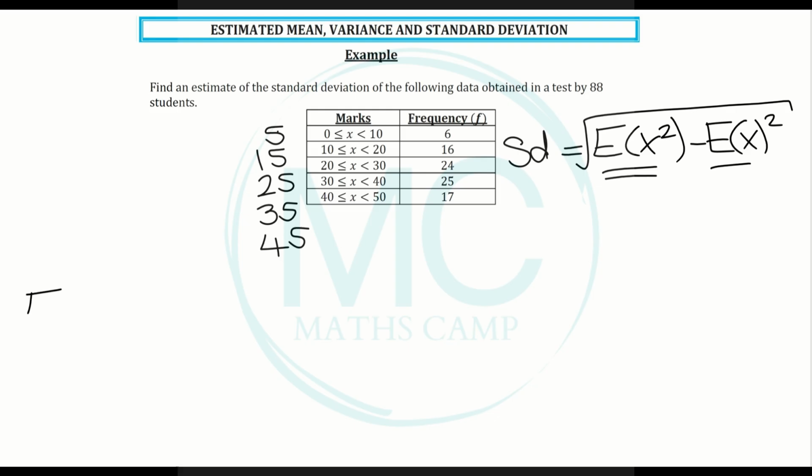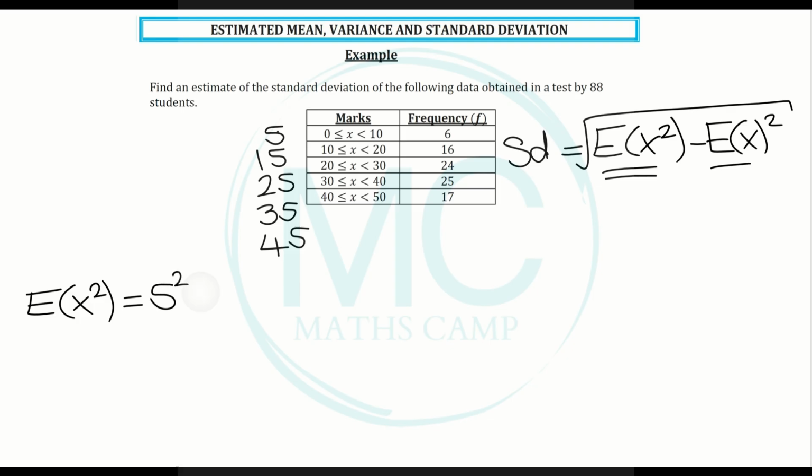I can say that ex squared is equal to, to find this, we square every x value and multiply it by its respective frequency.